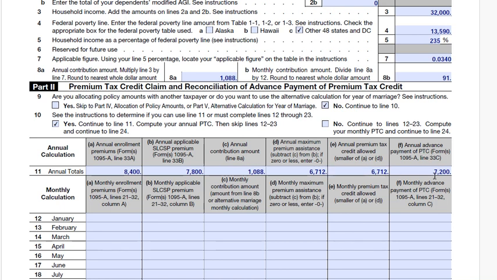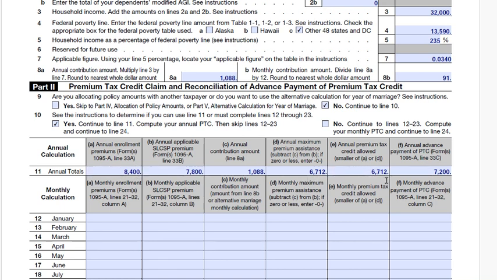And then column F here, this is what the government has already paid to the health insurance company. So once again, this is the annual health insurance premium, $8,400.